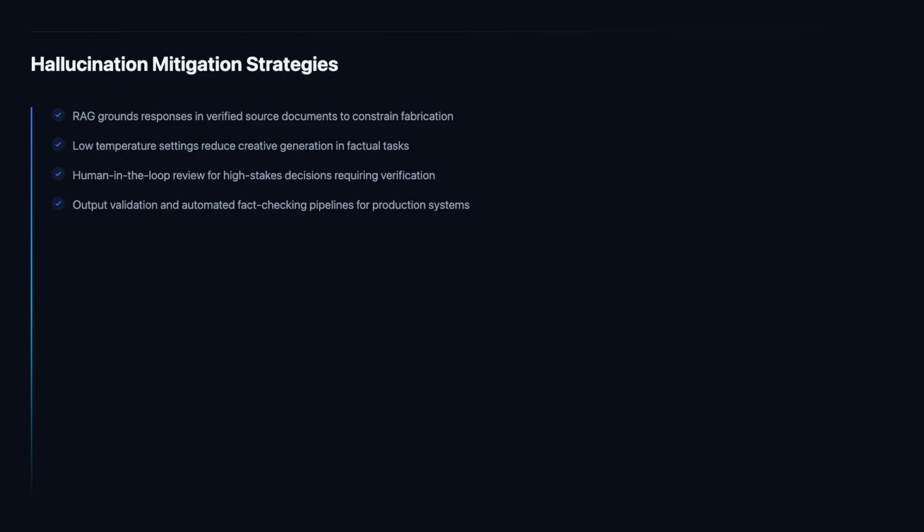More sophisticated approaches use a second language model as an automated fact-checker that queries external sources to verify specific claims in the primary model's output. Combining these automated validation techniques with selective human review for flagged outputs creates a multi-layer quality assurance system.